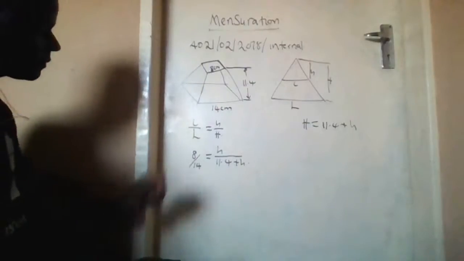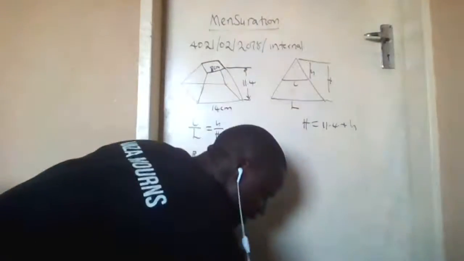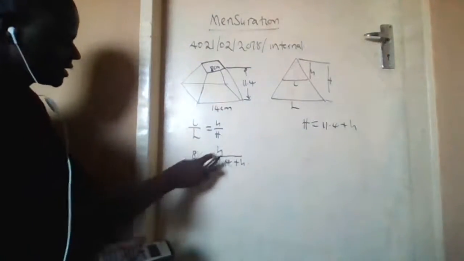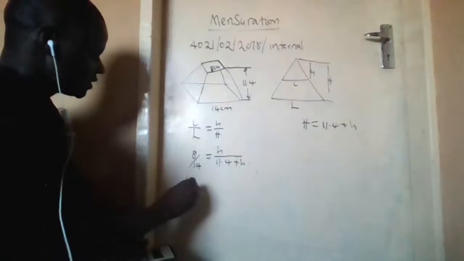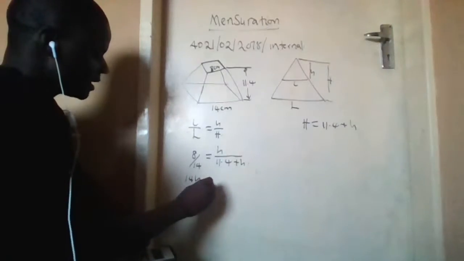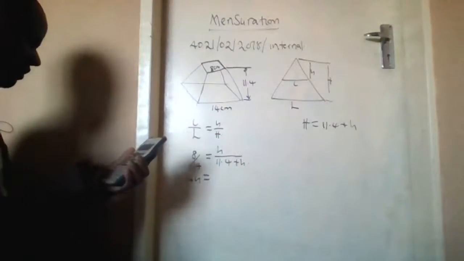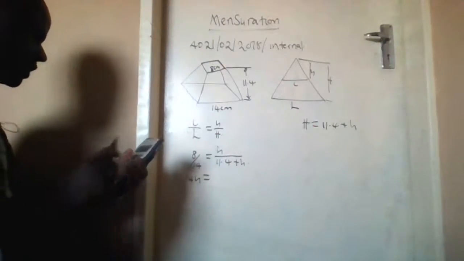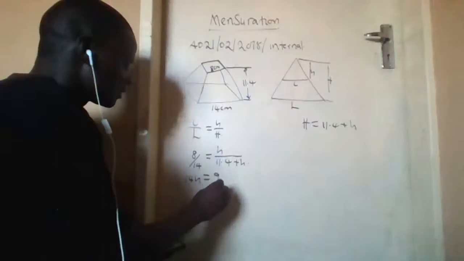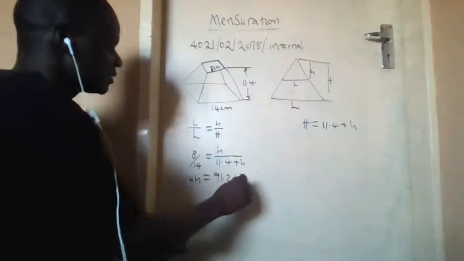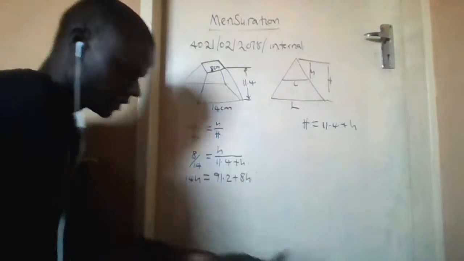Now, let's substitute and compute for h. Once you multiply by 14, you're going to have 14h equal to 8 times 11.4, that is 91.2, plus 8 times h, which is 8h.